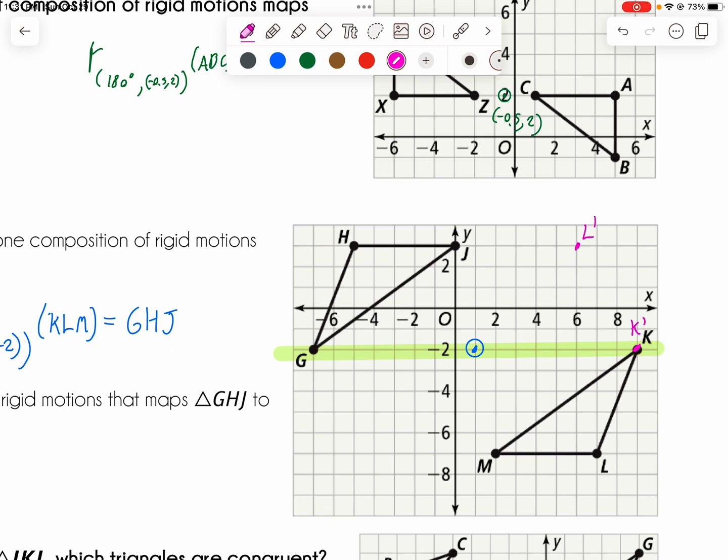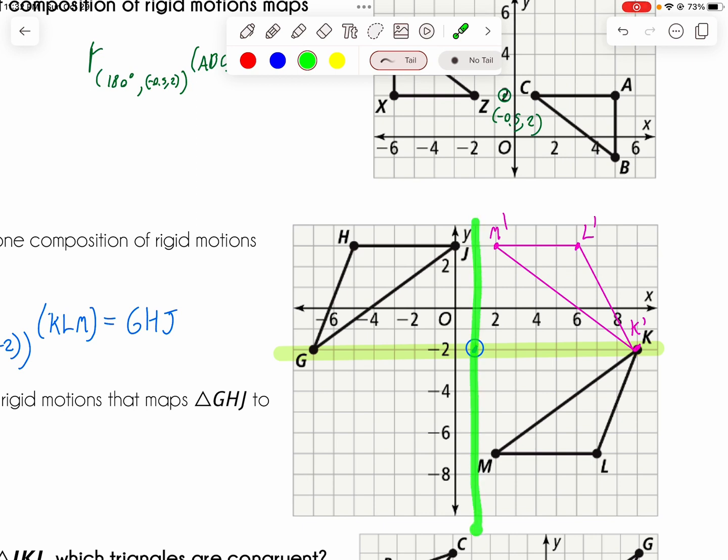That's L prime. M is the same distance as L. It's just reflected up here. So this is M prime. And now I've got my new figure. There we go. MLK. All right, now I need to reflect that again. And you'll notice that I can reflect it the 1 unit away from M. Or M prime, I should say.